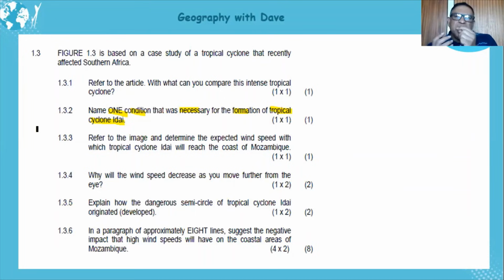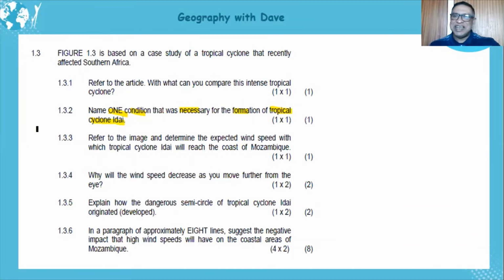It may bring it specific to Idai, but all cyclones have the same conditions necessary for the formation. So examiners try to make it a little bit fancy there, but they have a right to. You understand? You need to know that it's not in the article. You must write the general conditions that happen. Can you see it now?